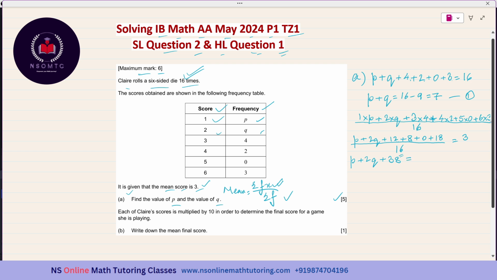And the right side will become 3 times 16, which is equal to 48. So p plus 2q is equal to 48 minus 38, which is equal to 10. This is our equation number 2.